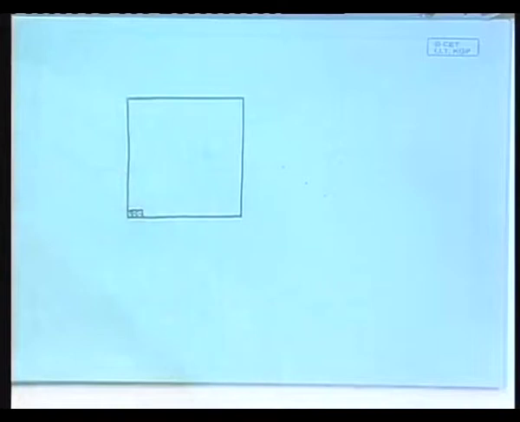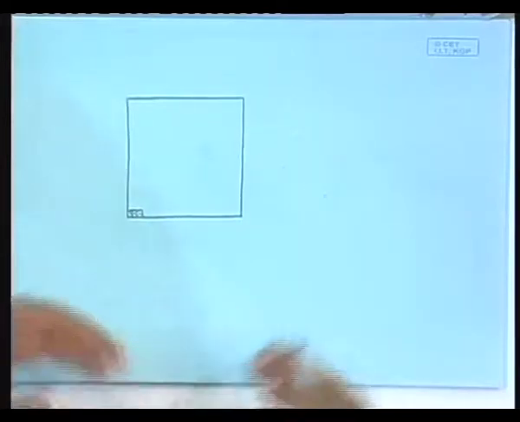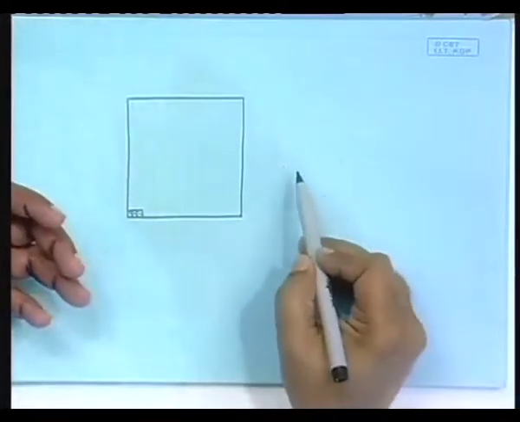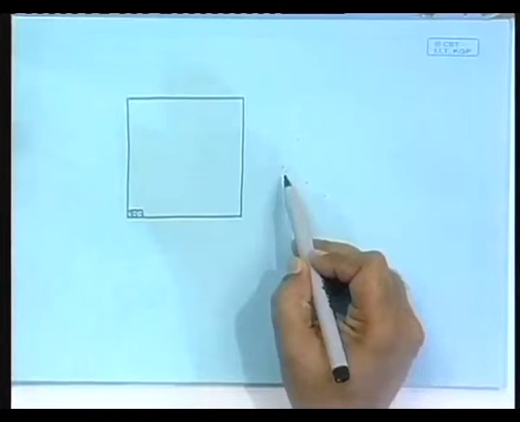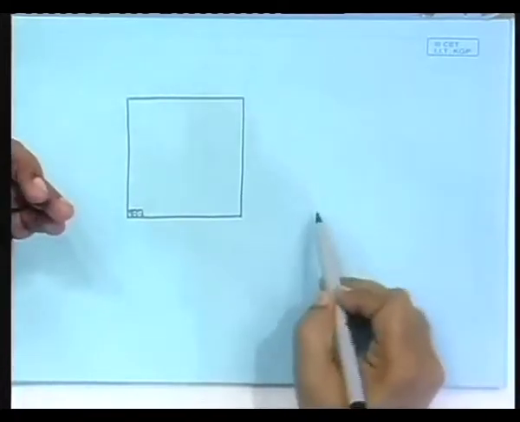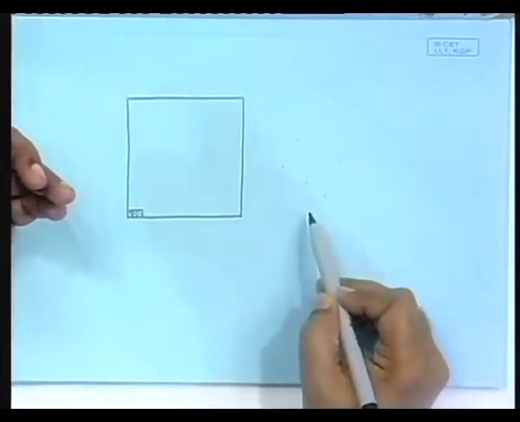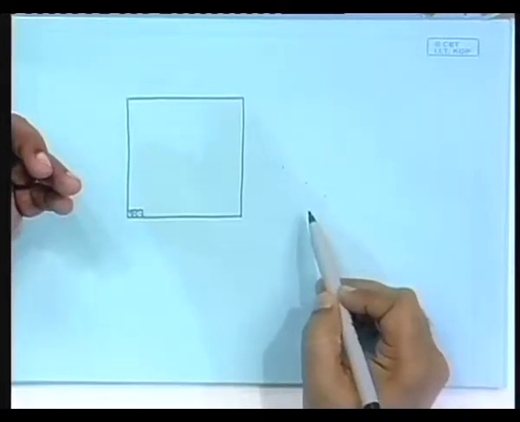So, in the next iterate you will get 4 points. In the next iterate you can apply the same 4 affine transformations on each of these 4 points, as a result of which you get how many points? 16, and so on and so forth. And if you do this procedure within 3 or 4 iterations, you will find that you have got the fractal object.